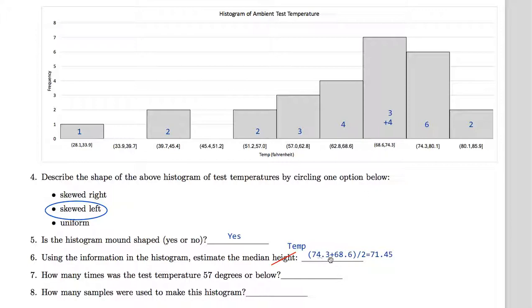So we take 74.3 and 68.6, divide by 2, we get the middle, 71.45. And since we're estimating the temperature, that would be degrees Fahrenheit.